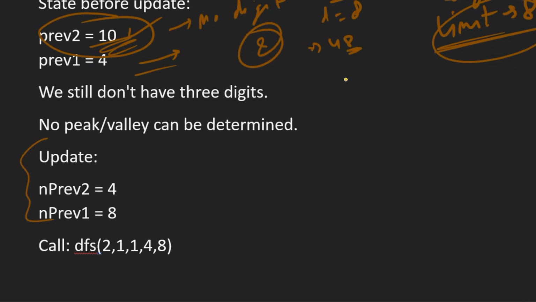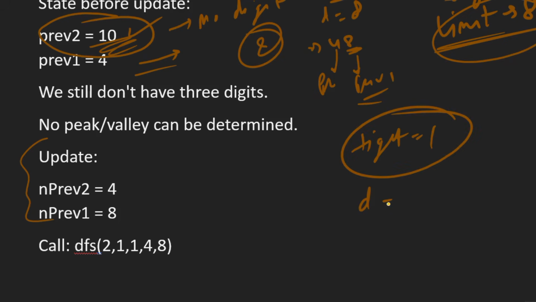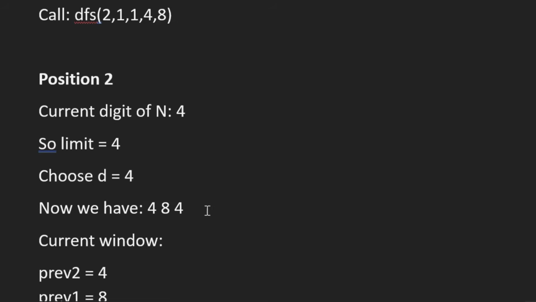Now we update, and previous two now becomes 4, and 8 becomes our previous one, and our tight is still 1 because we have chosen d equal to limit. But suppose if we had chosen 7 over here, then tight would have become 0. Then we call DFS of position 2, tight is 1, started is 1, 4 is our previous two, and 8 is our previous one, right?